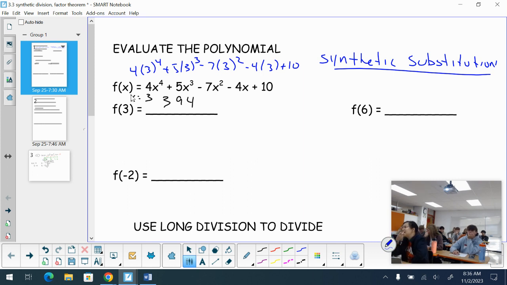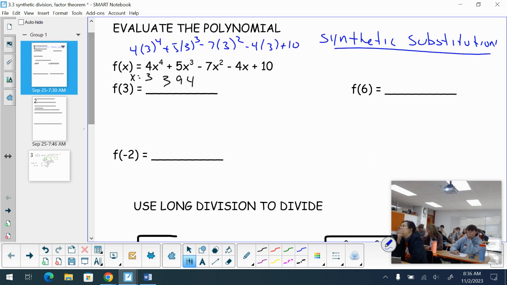What we use with synthetic substitution is just our coefficients. We have the value of 4, the value of 5, the value of -7, the value of -4, and the value of 10. I put them in degree order, 4, 3, 2, 1, 0.